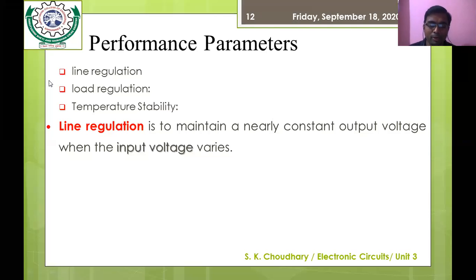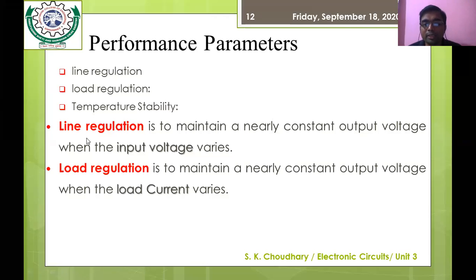Suppose, as in the block diagram of the power supply we have already seen, you want to obtain a constant output voltage, but your input voltage is not constant, it is varying. To maintain your output voltage nearly constant at that moment, that performance parameter is called line regulation.